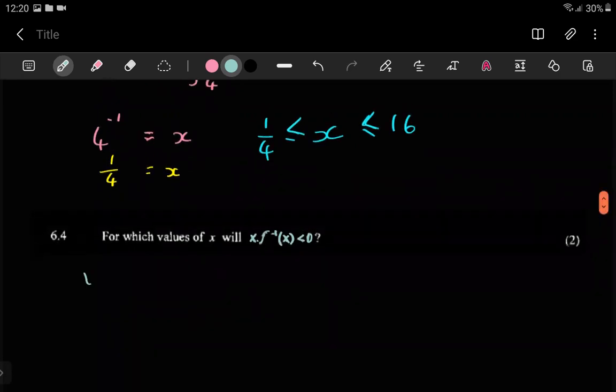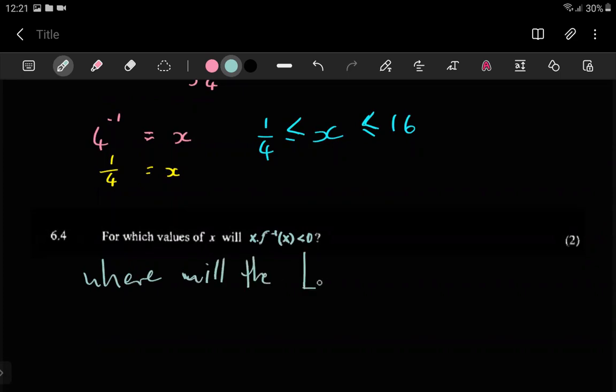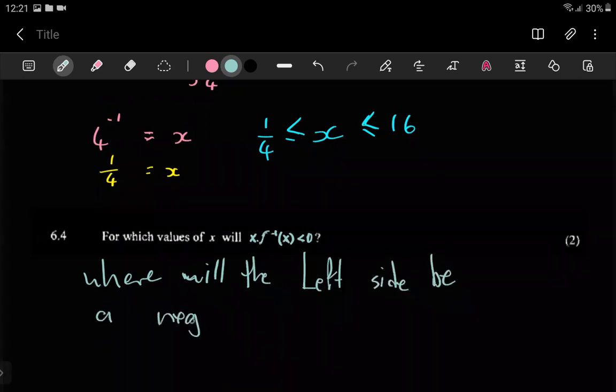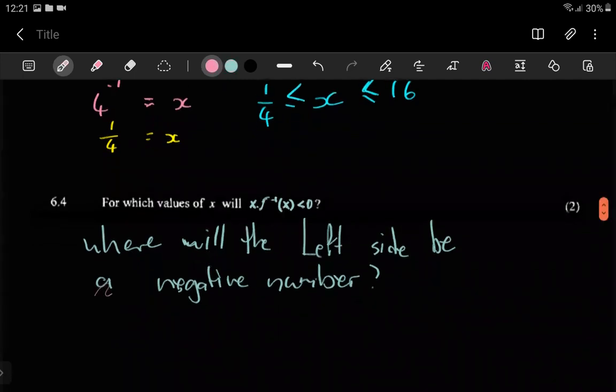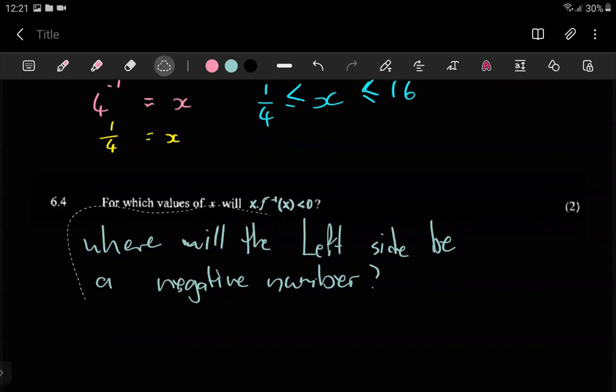It's asking where will the left side be a negative number? That's the question. Literally, where will the left side be a negative number? If you want to look at it in another light, it's basically asking for which values of x will the left side be a negative number.